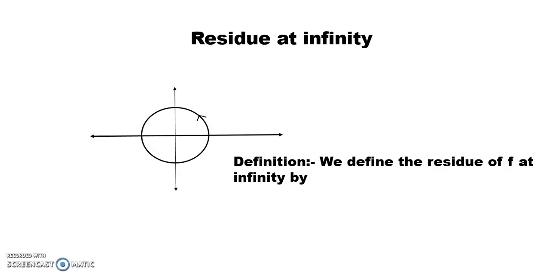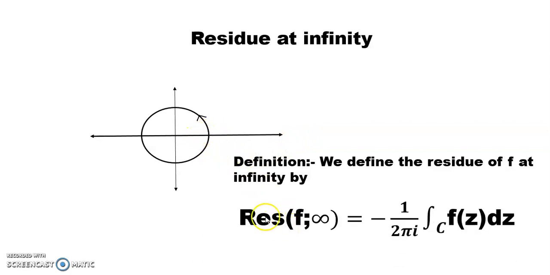Suppose that f is analytic in C except for a finite number of singularities. Okay friends, finite number of singularities. This is my region, I called this C. And here you can see in this region there is a finite number of singularities.